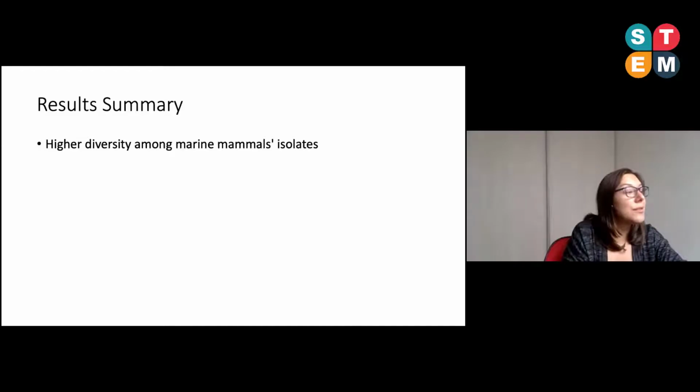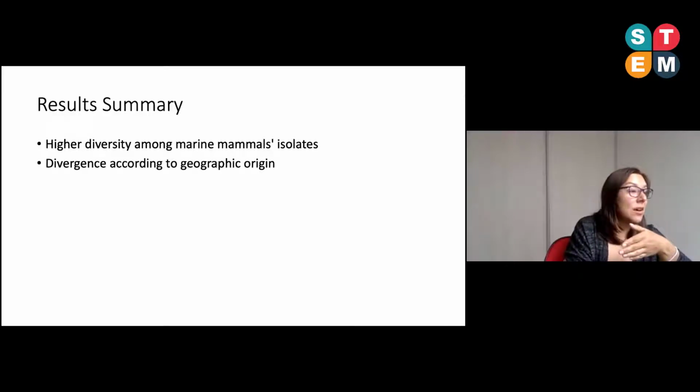So the result summary that we have had so far is there's higher diversity among marine mammal isolates. That's something that we definitely were expecting because the host has not been manipulated by humans. That's something very different from cattle and dogs.